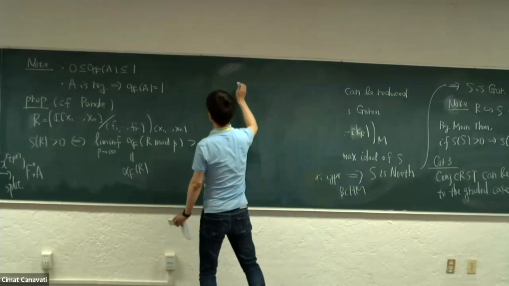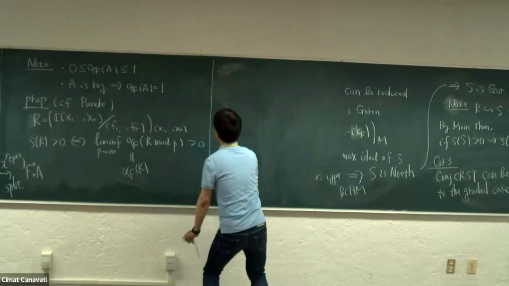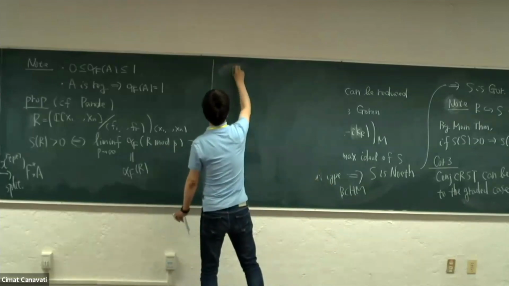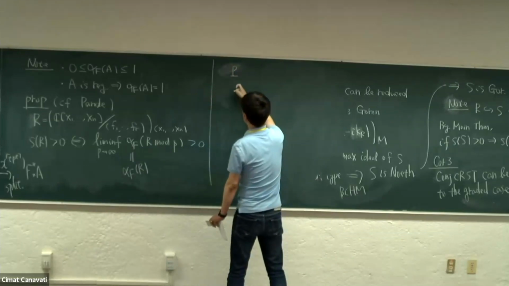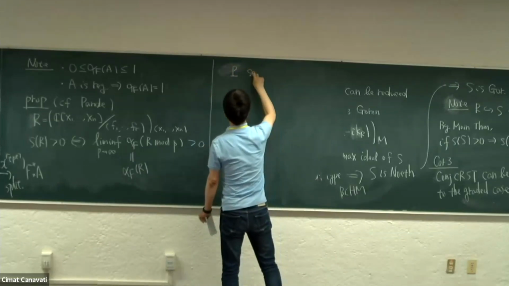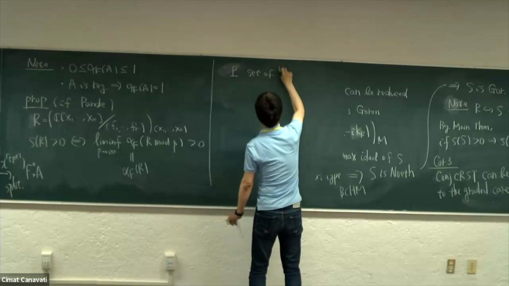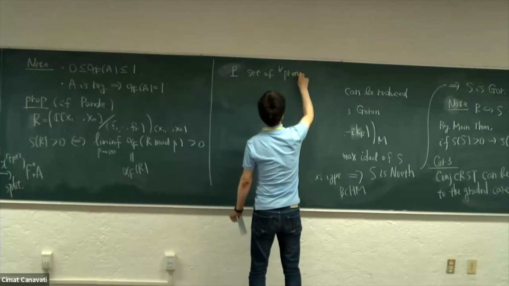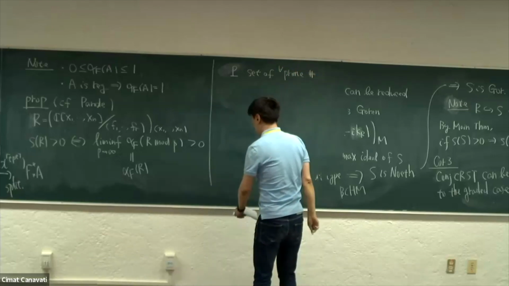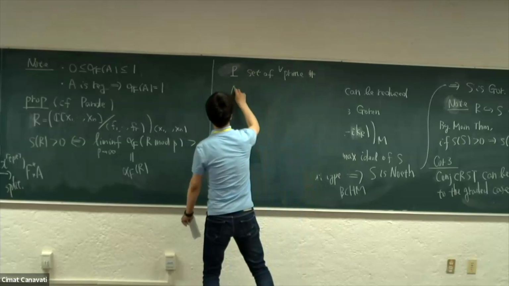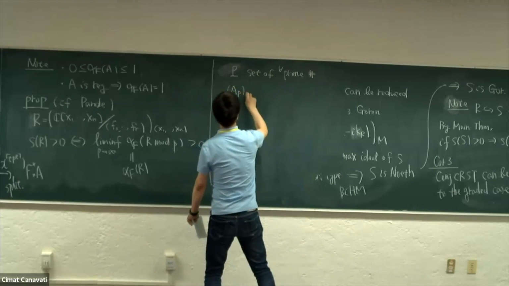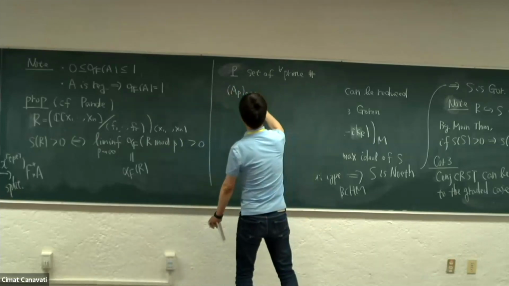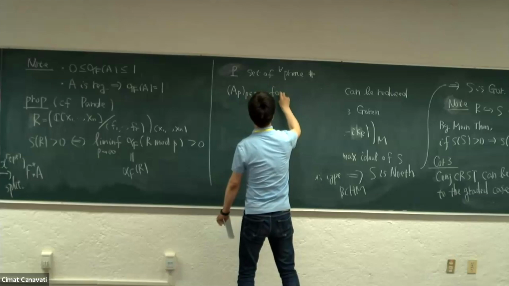So maybe P is a set of prime numbers, and I consider a family of rings indexed by P. This is a family of rings.